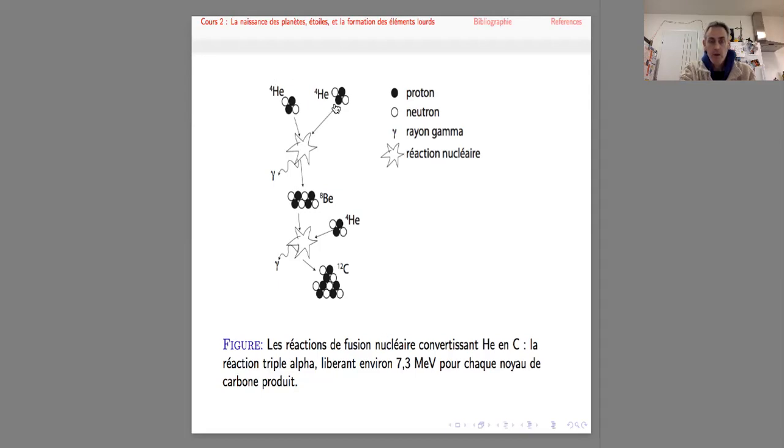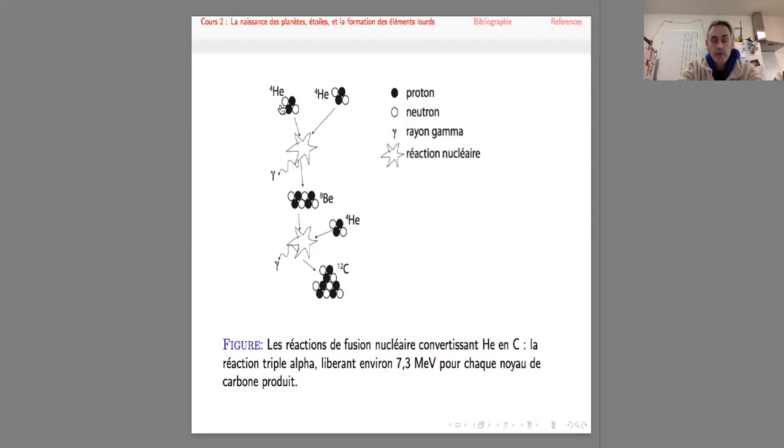This is really going into the details here, but it takes energy to make this reaction take place. Remember, we're at 100 million Kelvin here. These are super high temperatures, 10 times hotter than the interior of our sun at the moment.